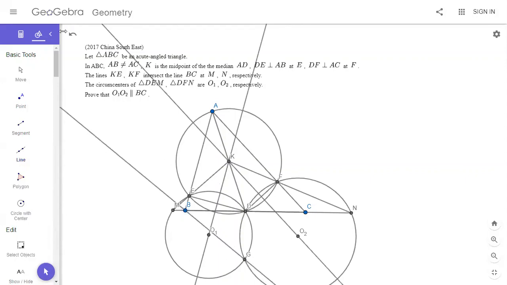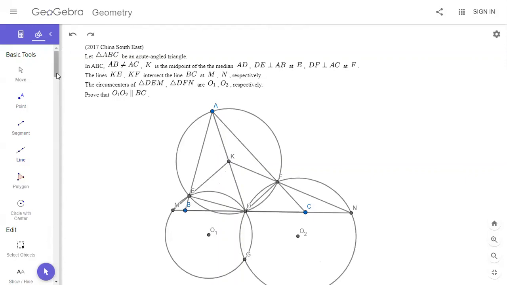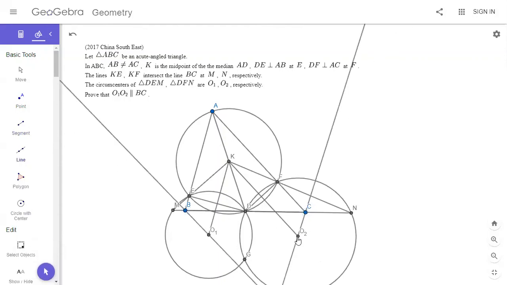interesting. So that would be the same as saying KO1 is perpendicular to ED.